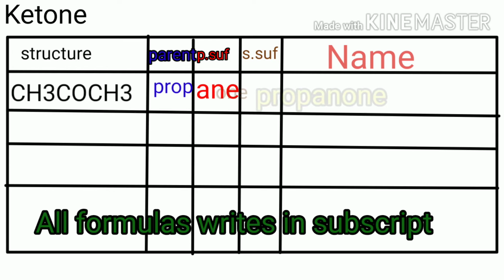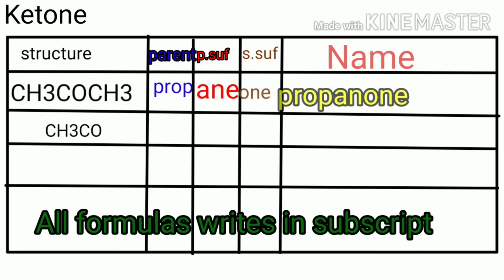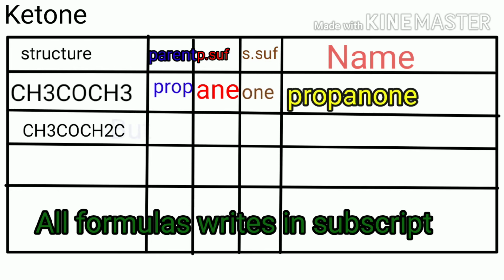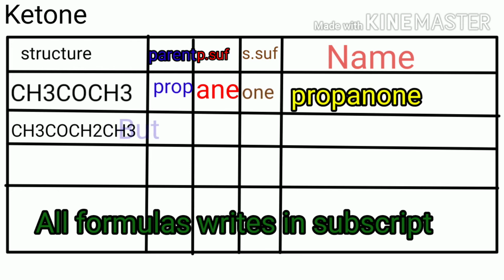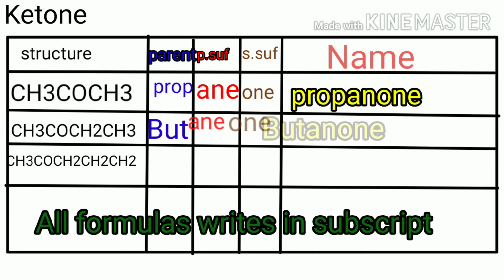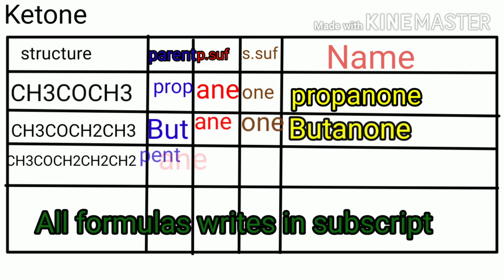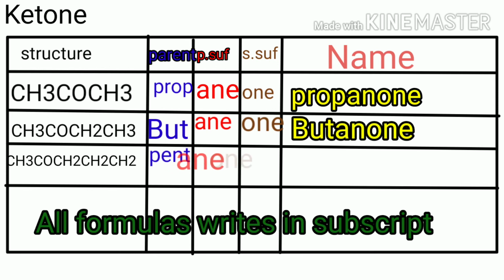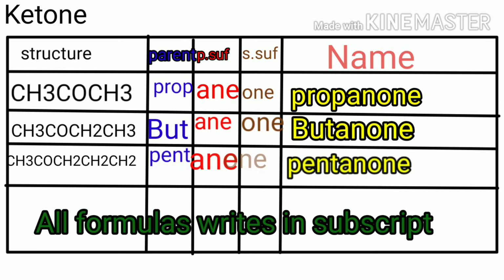Then the name is prop plus ane plus secondary suffix one. The name is propanone. The next one has number of carbons 4. So the parent is but plus ane plus one, butanone. The next one has number of carbons 5. So the parent is pent plus ane plus one, pentanone.